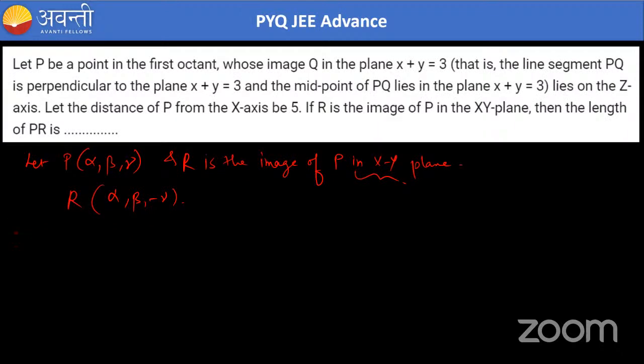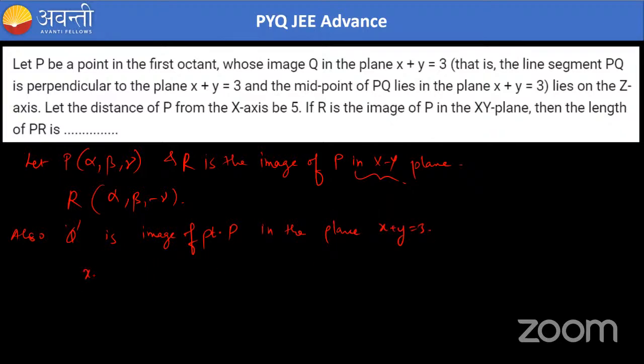And then also Q is the image of point P in the plane x plus y equals 3.